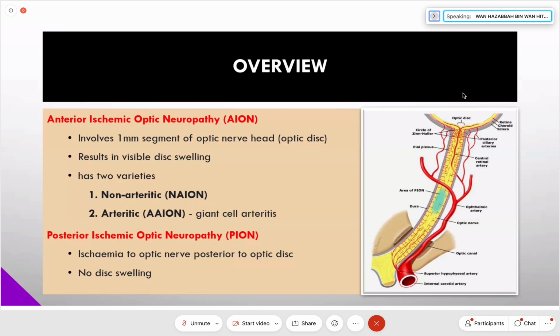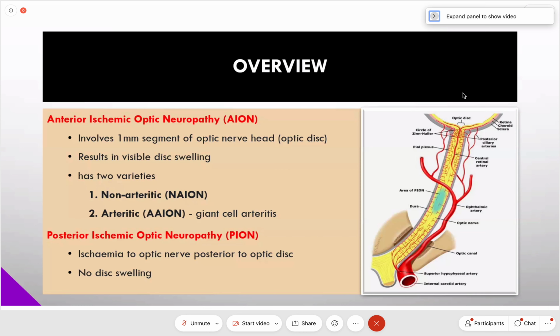It can be divided further into non-arteritic and arteritic, where arteritic is mainly due to giant cell arteritis, which is quite rare.